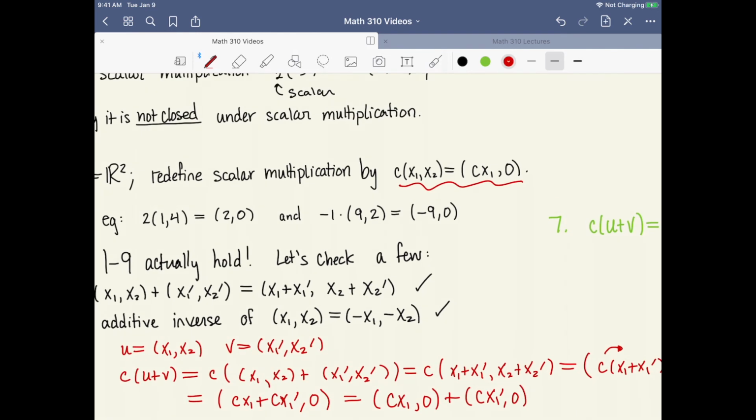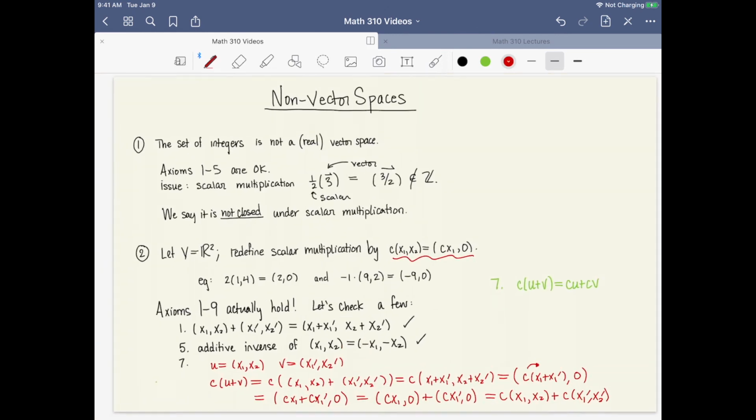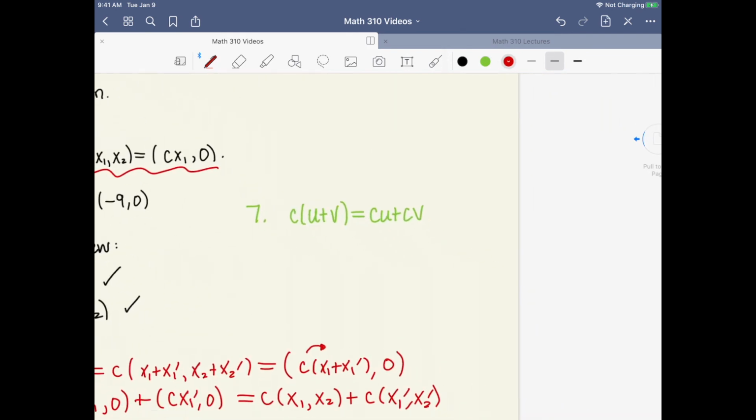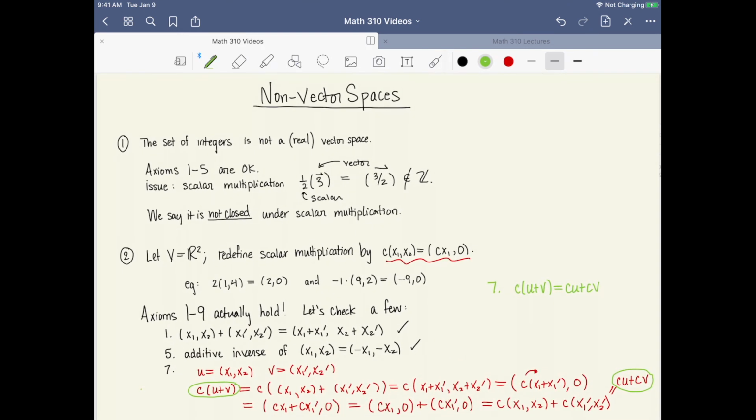And these 2 summands are equal to the scalar times x1, x2, plus the scalar times x1 prime, x2 prime. So at the very beginning of this chain of equalities, we have c times u plus v. And at the end, what we have is cu plus cv. So we've shown that they're equal by carefully following the rules.